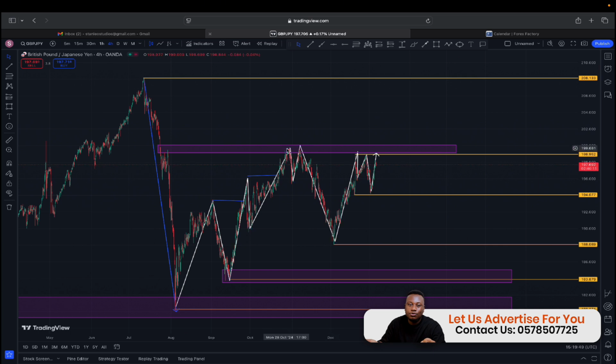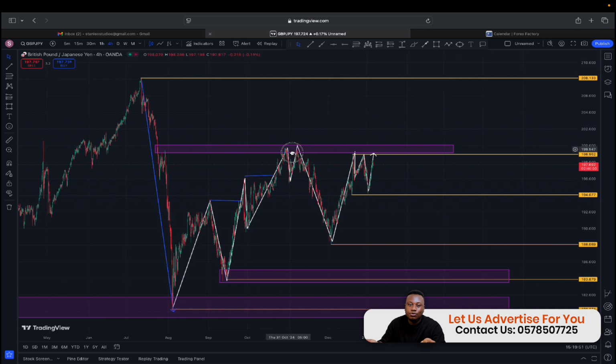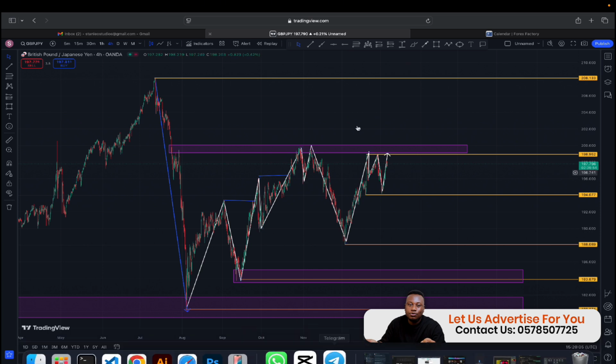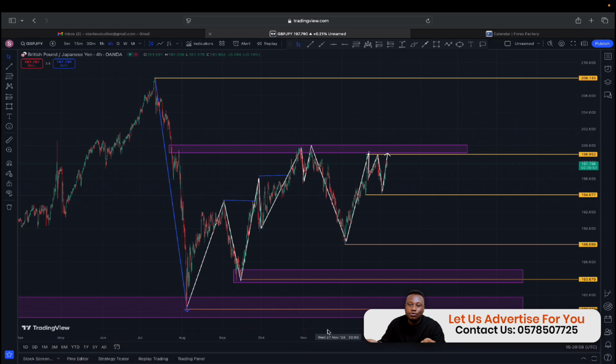So market actually created a double top here and then gave us a very strong sell down. But market broke this internal low here. It was an internal low, but then it's a low also. So we can say this is a change of character.